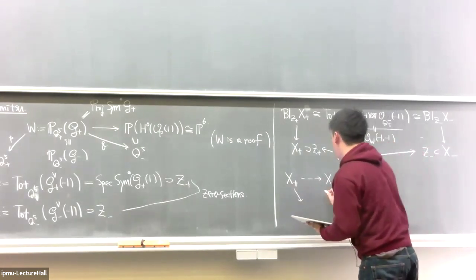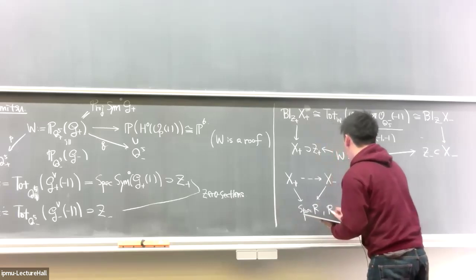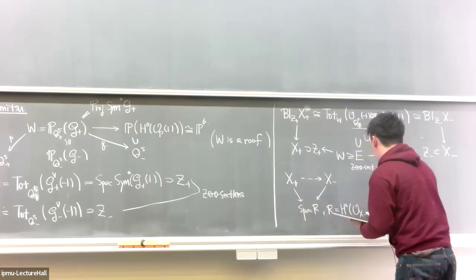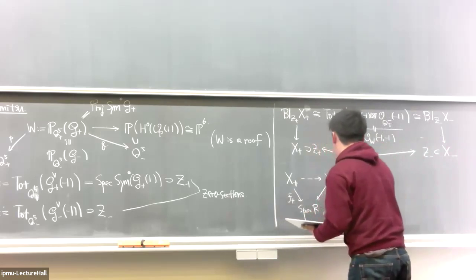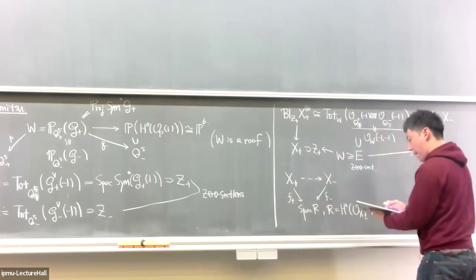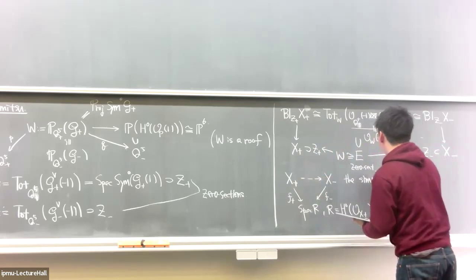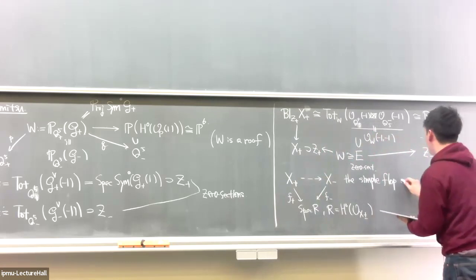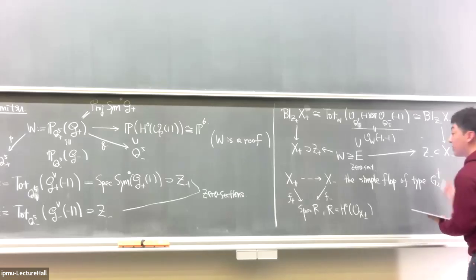If you consider the contractions of these two varieties, then these two are crepant contractions, and this birational map is the simple flop. It is called the simple flop of type theta.